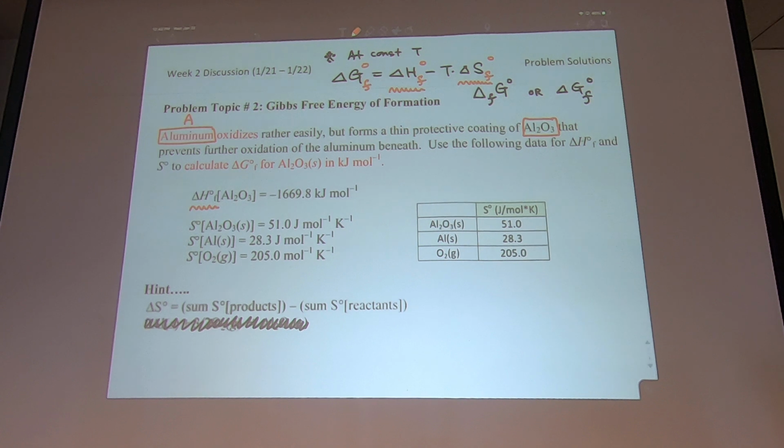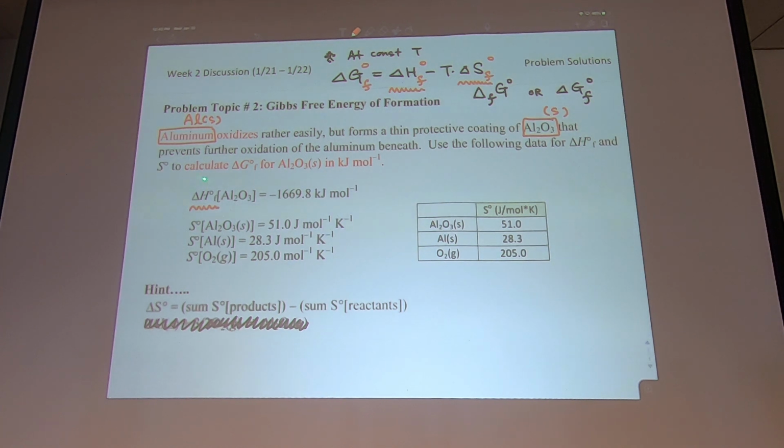So aluminum, which is a solid, becomes aluminum oxide, which is a solid. That's how this happens, and they just did not provide this value to you. You have to figure this one out by yourself, right?